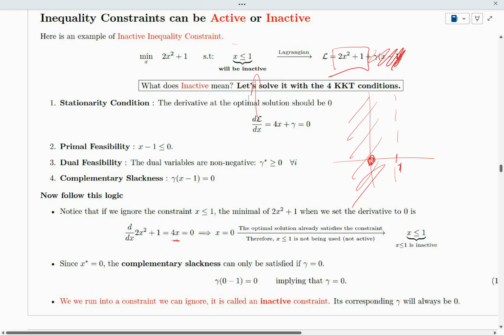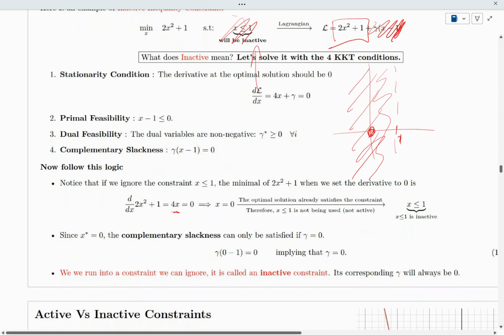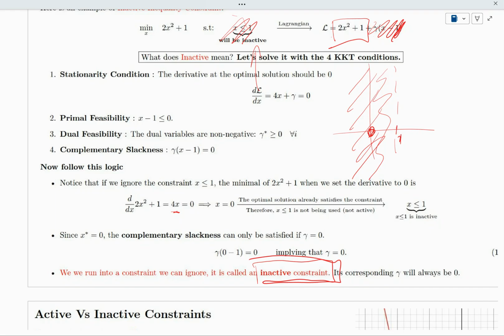This is an inactive constraint because our optimal solution is within the constraint anyways, right? So we could have just ignored this constraint. When we can ignore constraints, that's when the constraint is inactive, and you will still get the same solution because the optimal solution is already within the area of the constraint. Okay. So that is inactive.